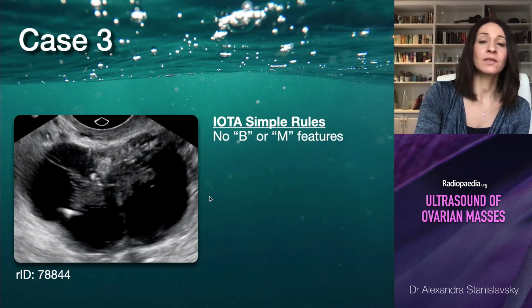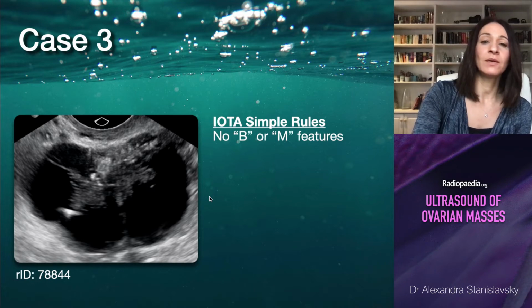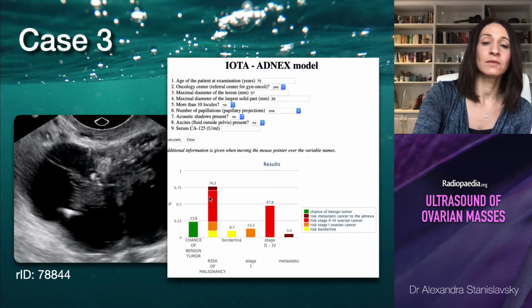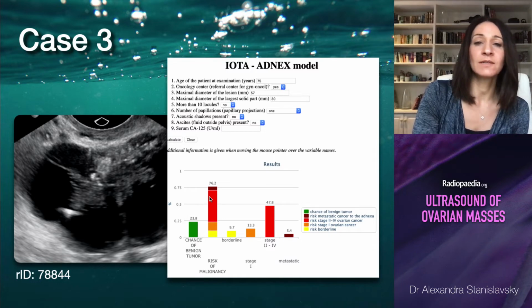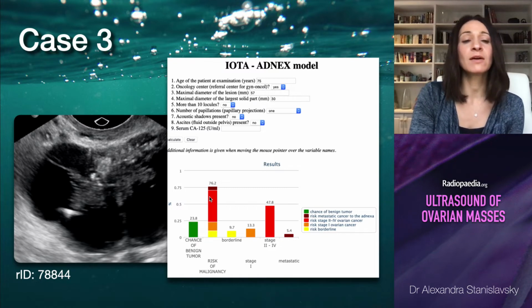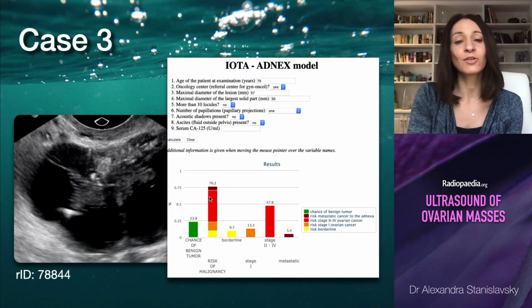So, interestingly, by the IOTA simple rules, we have no B or M features. Whereas by the ADNEX model, 75-year-old patient, 57 millimeter tumour with a 3 centimeter solid component, no ascites, no acoustic shadowing, even without taking into account the solid component that we saw.